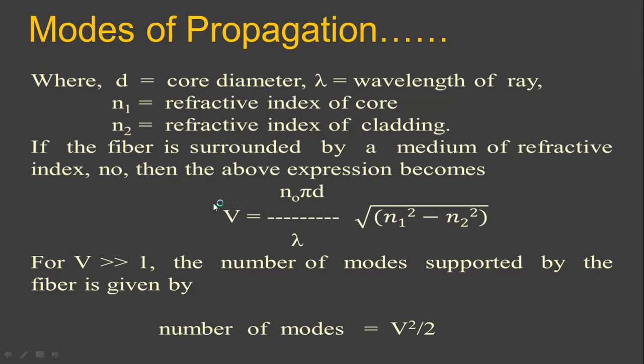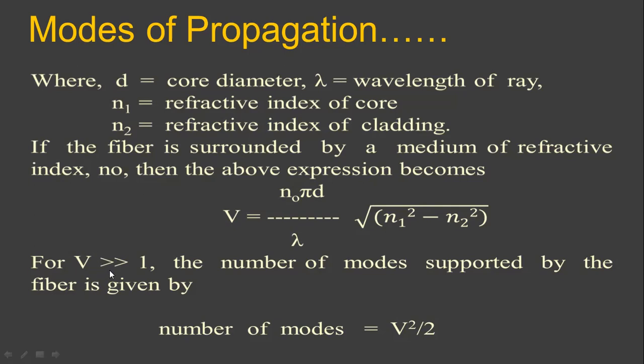So it is very clear that the V number is directly proportional to the numerical aperture, and it is directly proportional to the diameter of the optical fiber, and also it depends upon the surrounding medium, and inversely proportional to the wavelength of the light ray which is entering the optical fiber.